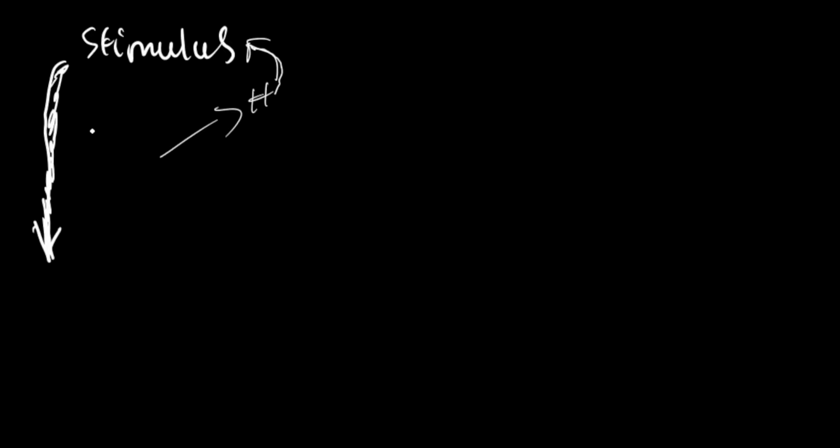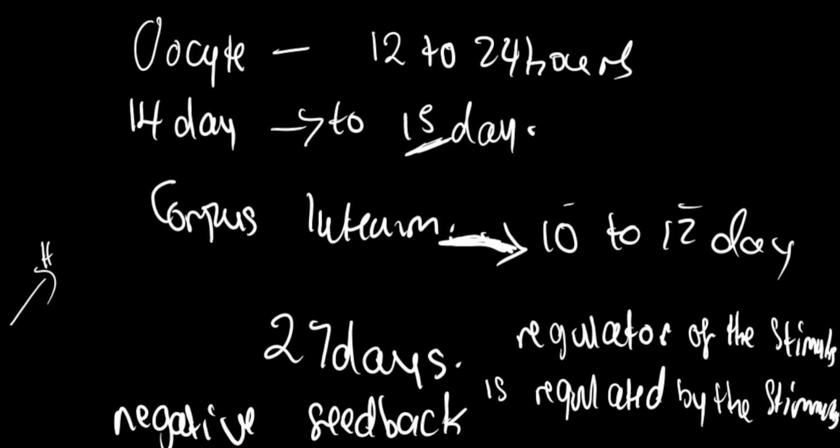The drop in the stimulus leads to a drop in the production of the hormone. This is the idea of negative feedback and how I understand it.